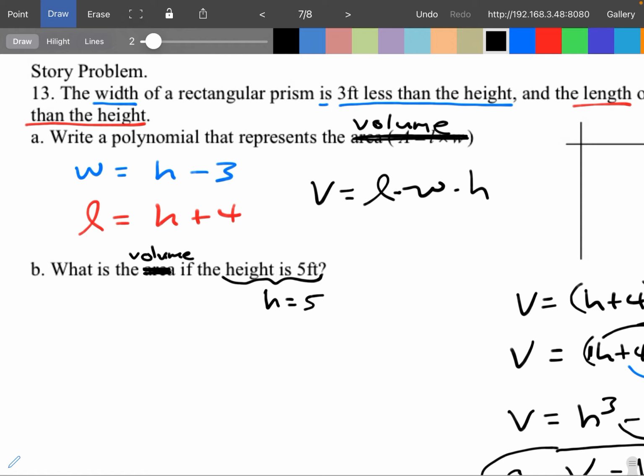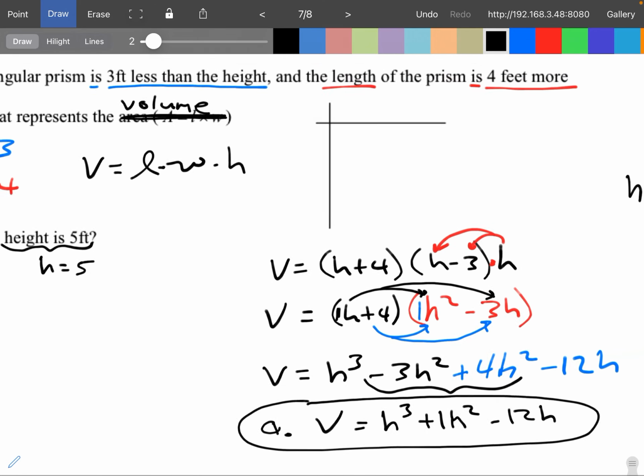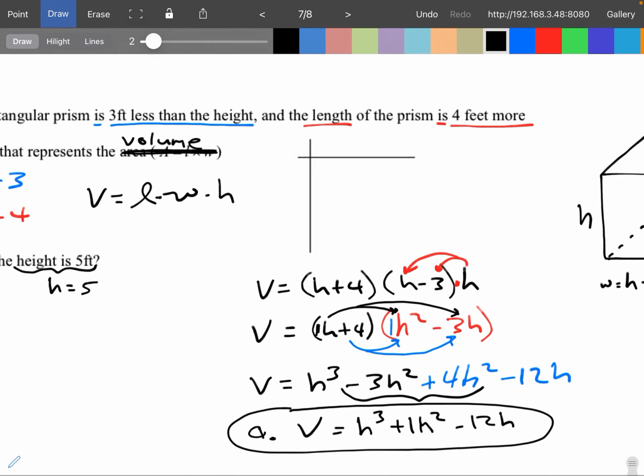So what do I do with that? That's what that's telling you right there. What am I going to do with the 5? Plug it in. Yeah, I'm going to plug it in for h. So I'll keep this where you can see both of these. We're going to take h equals 5, and plug it in right there, and right there, and right there.